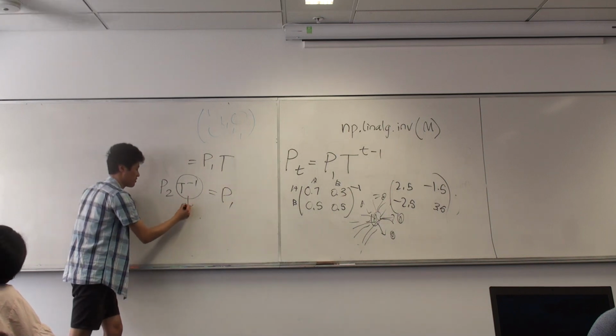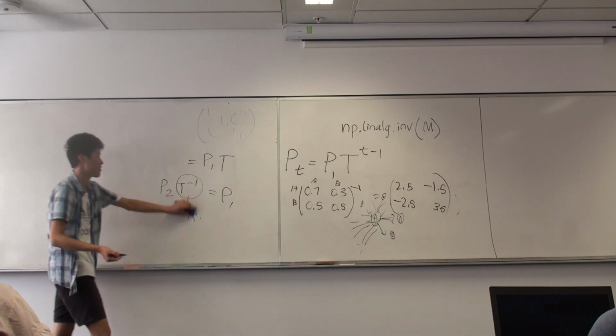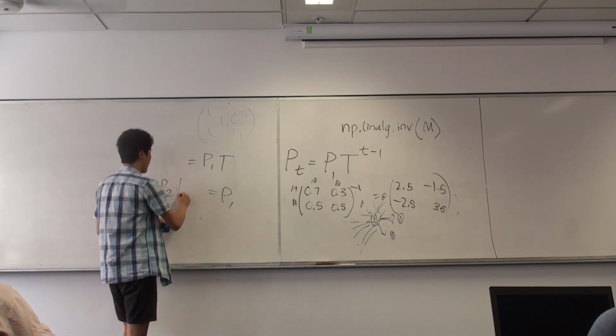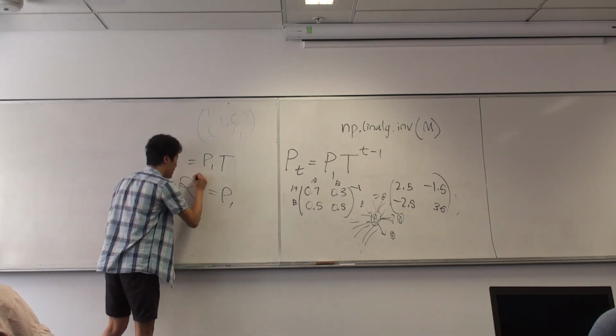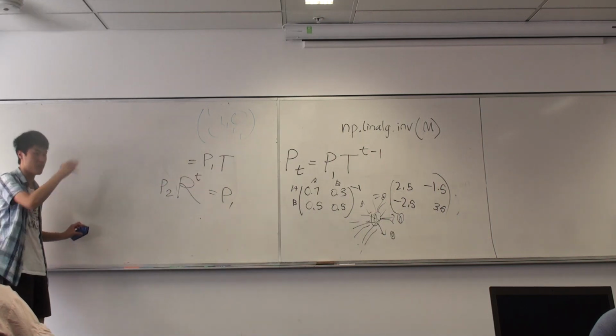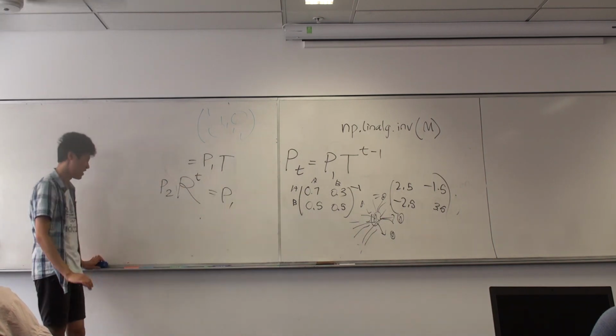I want to find some sort of R, whatever, for the reverse matrix, such that P2 times R is equal to P1. And then you can apply this at any single time step, you can reverse everything. You can reverse 10 times, 100 times, as many times as you like.